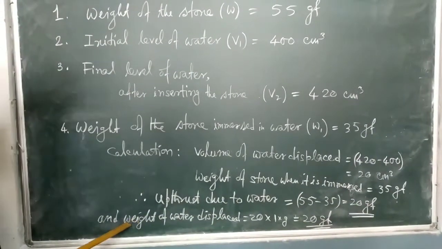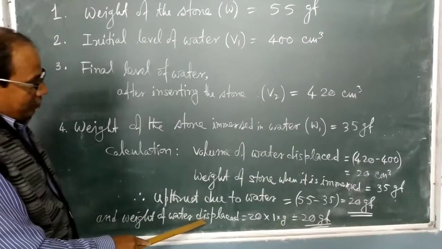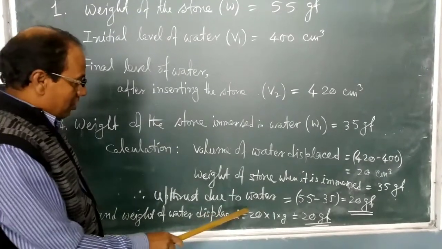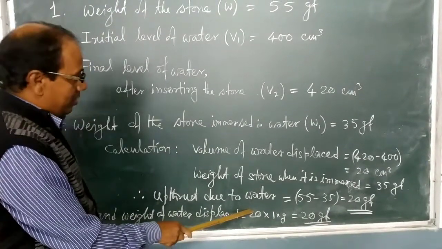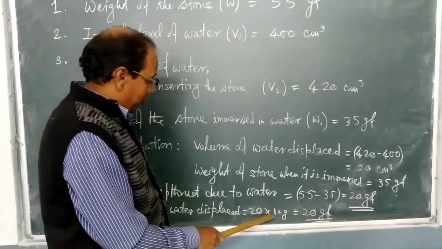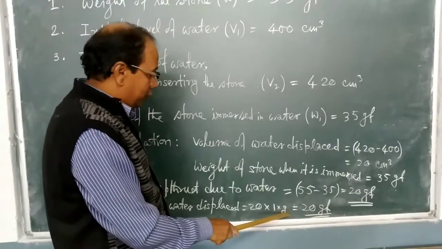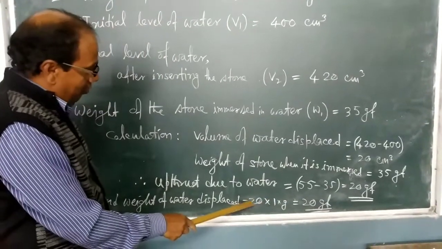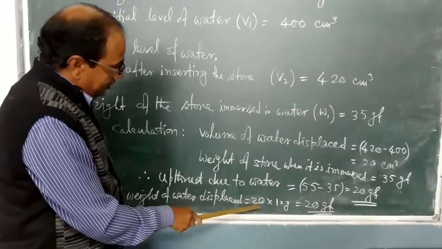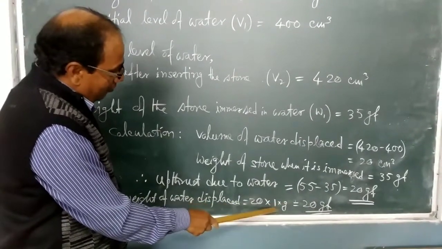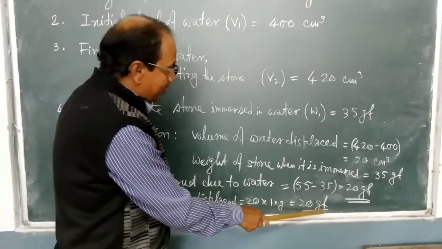Now weight of water displaced, we can easily find using the formula: volume of the stone into density of water into G. So putting the value of Vs as 20 and density of water 1, we got here 20 GF.